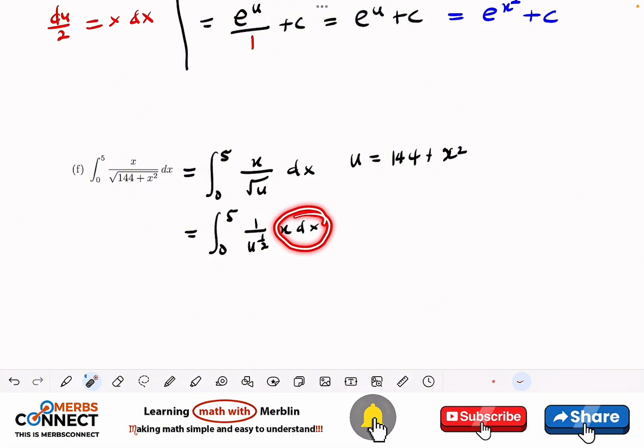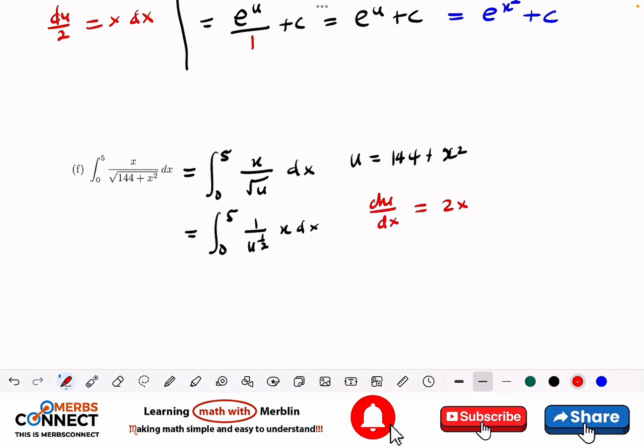So now I need to go and look for this, the same process. So let's go here. du over dx is equal to 2x, right? Then du will be equal to 2x dx. Let's find for x dx. So we need to divide it by 2, and we have that.